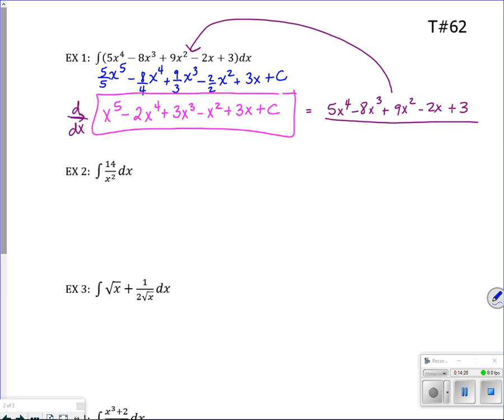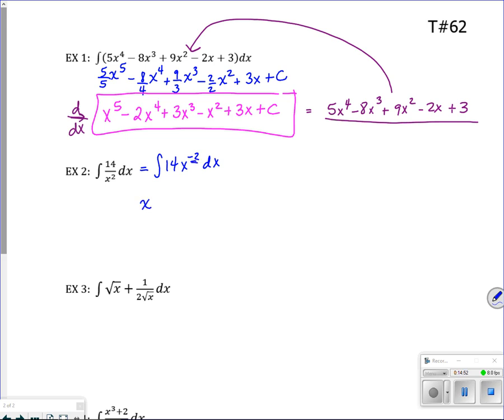So what I mean is, in example 2, I see that quotient and I think, you know what? I'm going to rewrite that as this. So I rewrote 14 over x squared as 14x to the negative 2. Now I can do my power rule for integration. Remember that it's increase the power by 1.